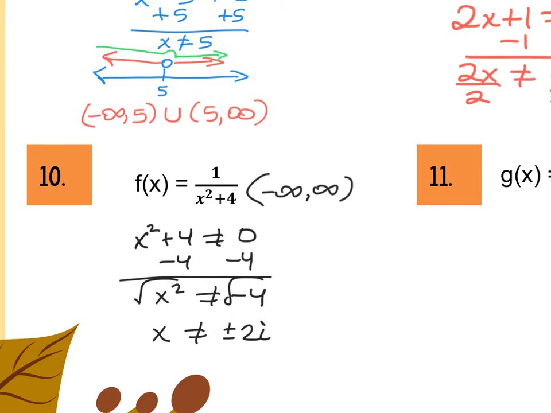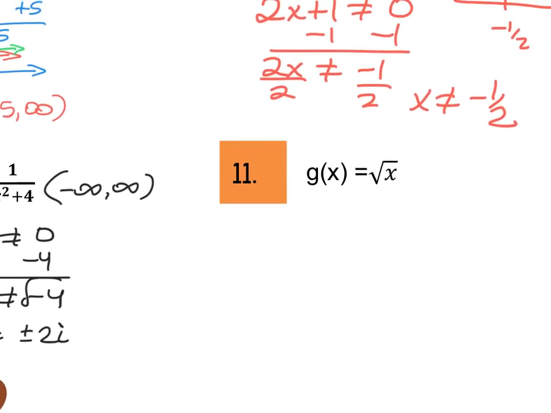Okay, so now for number 11, now we're starting the test for the square roots. Remember, because I only want real solutions, I don't want a negative number under the square root. So this is why we're going to take what's under the square root and set it greater than or equal to 0, because that will give me a positive answer. So for this one, remember it can't be negative, that's why I put it like this.